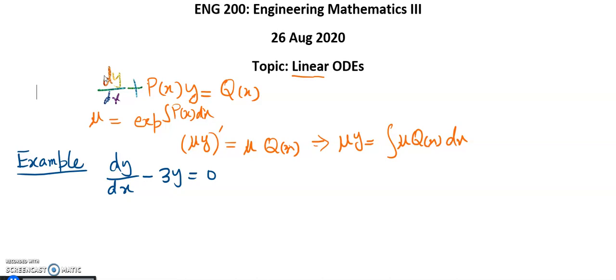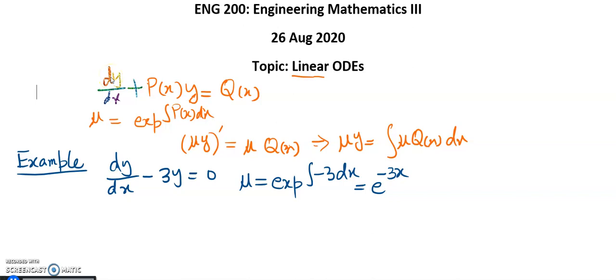First of all, we find the integrating factor, which will be the exponent of the integral of the p of x function. The p of x function is minus 3 dx, so the integrating factor will be e to the power minus 3x.